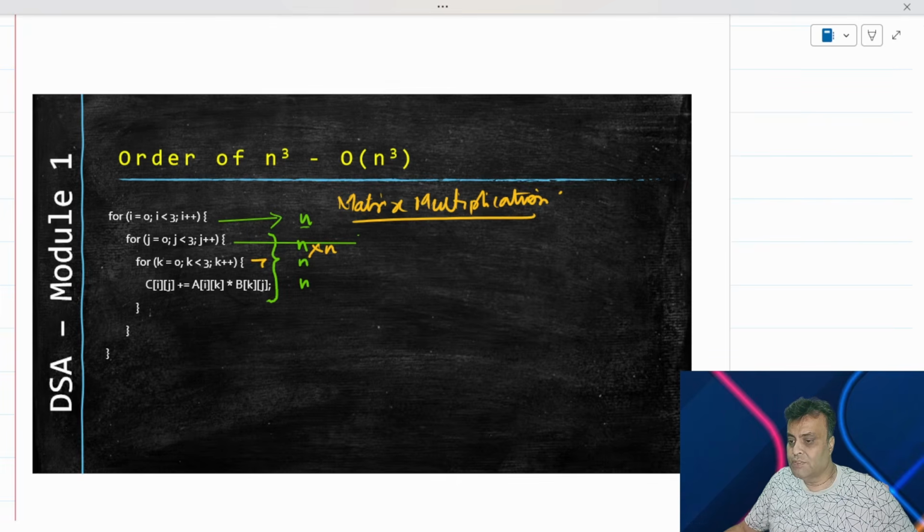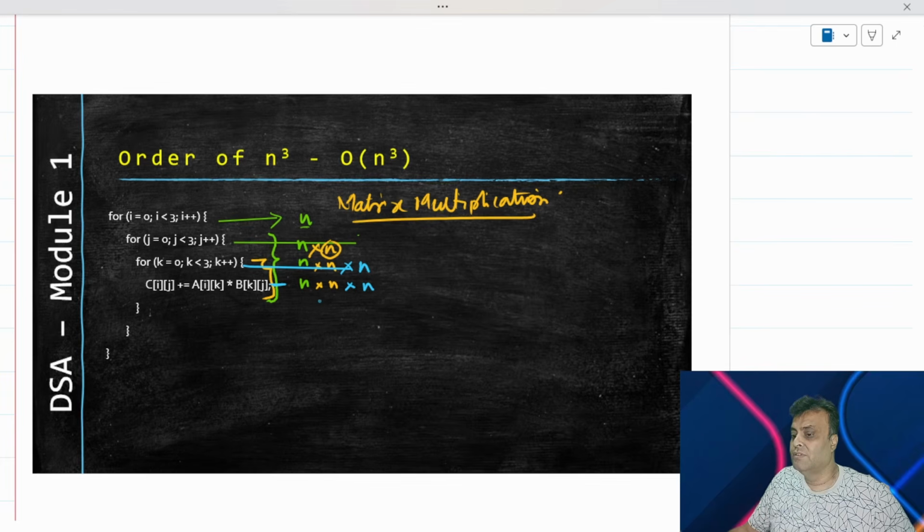All the lines inside this for loop will execute itself n times because this is n. Now don't forget that you have one more loop, and that one more loop is going to execute itself n times. Right? And inside that one more loop, whatever number of items are there will execute itself n times.